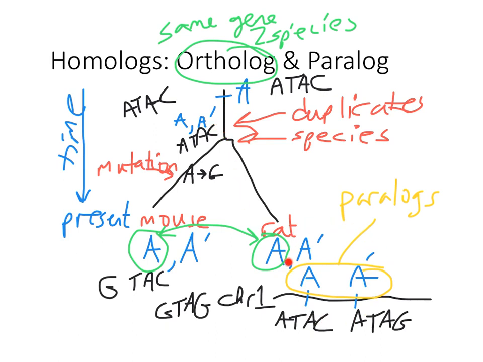So those 2 genes have that gene ancestor, and they're paralogs. The same gene within the same species, paralogs. Same gene, different species, orthologs. So when those authors said we were looking for orthologs of NCYM in different species, they meant they were looking for the same gene, NCYM, in different species.